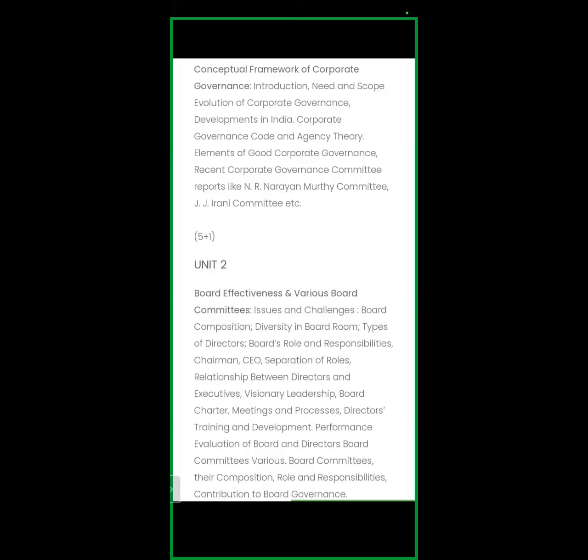Then we will be discussing the reports of the other countries also, not only of the committees of India, but what are the contributions of these committees in terms of corporate governance in other countries also.